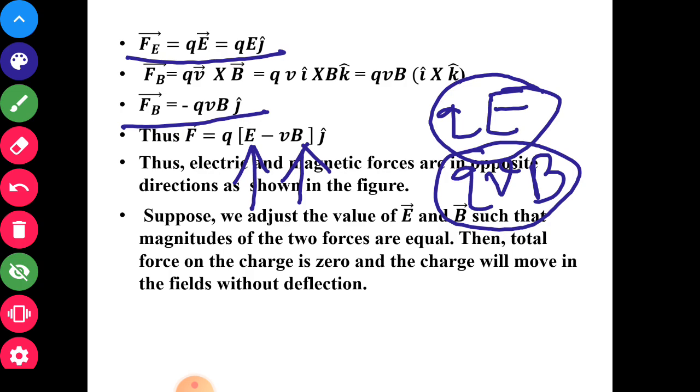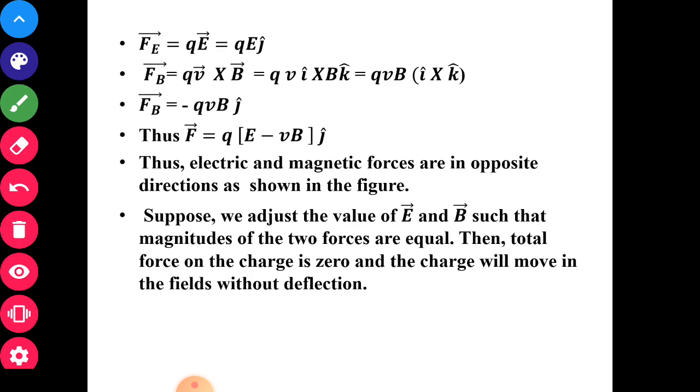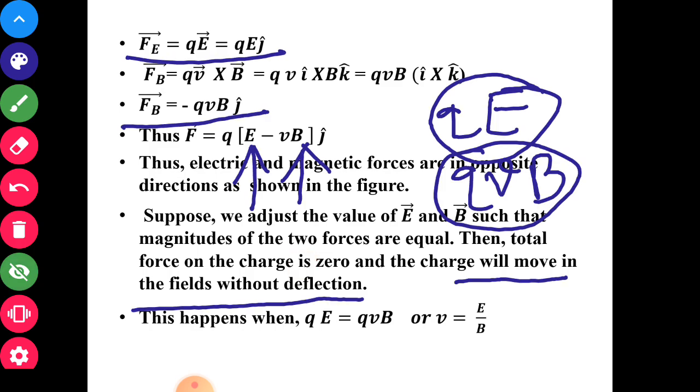If these two magnitudes are the same, and as you know their directions are opposite, the resultant force becomes 0 and the charge will move in the field without deflection. This happens whenever QE is equal to QVB.